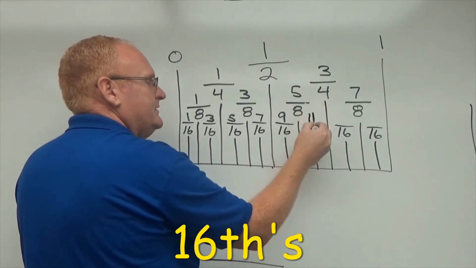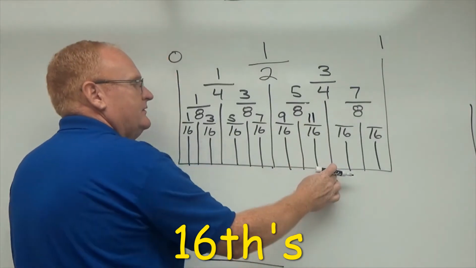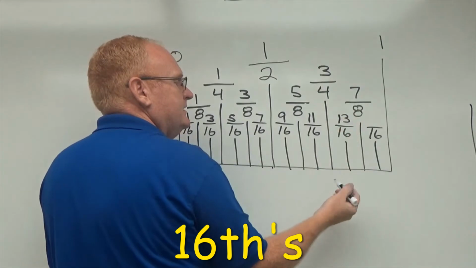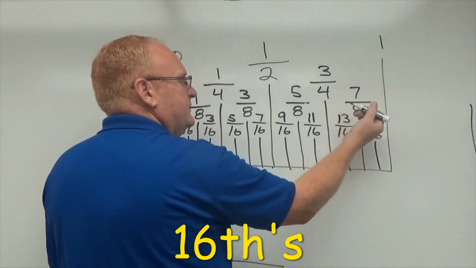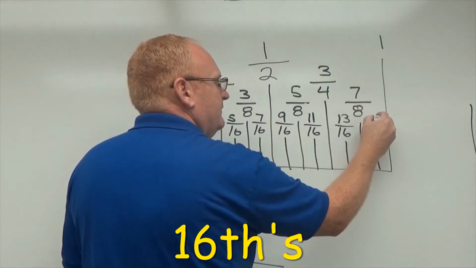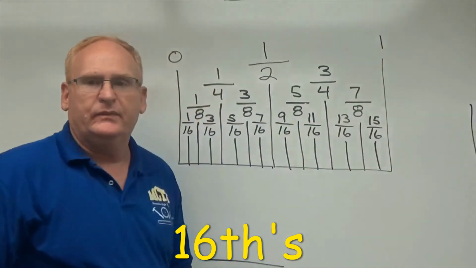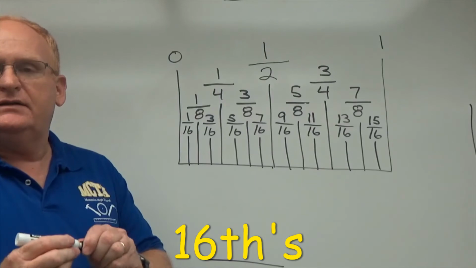Then we have 11/16. 12/16 reduces to 3/4. 13/16. 14/16 reduces to 7/8. 15/16, and then 16/16 reduces to 1. So that's how an inch is broken down to 16ths.